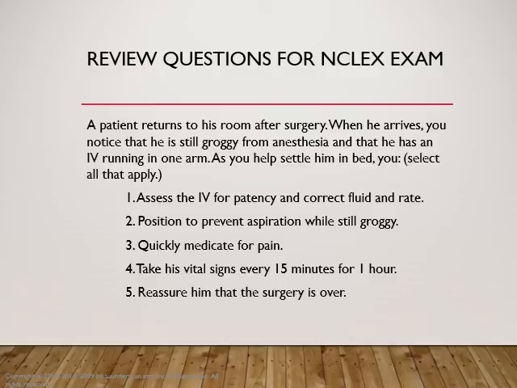Number 2, position to prevent aspiration while still groggy. Number 3, quickly medicate for pain. Number 4, take his vital signs every 15 minutes for 1 hour. Number 5, reassure him that the surgery is over.